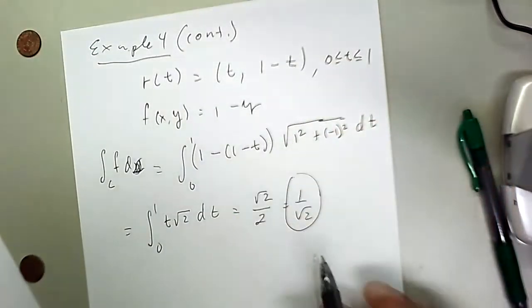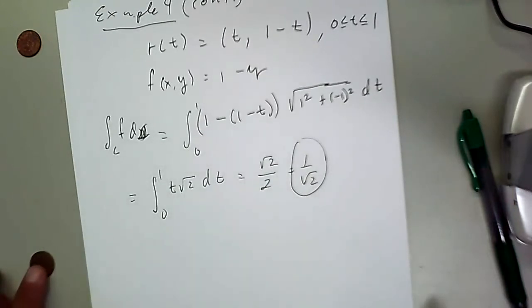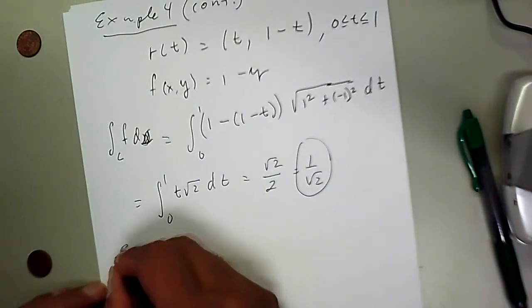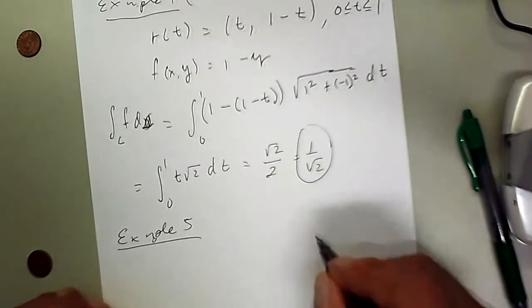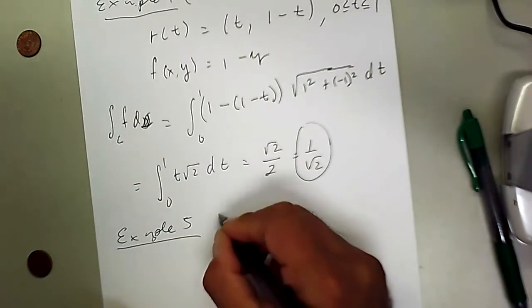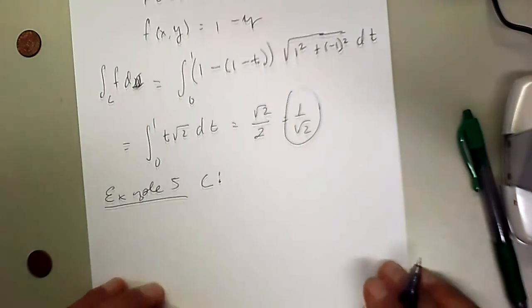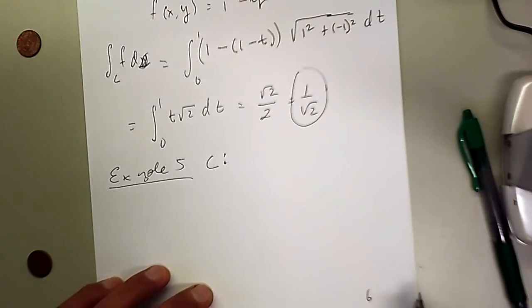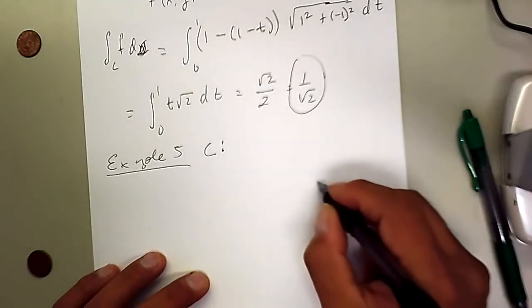Example 5, a very useful example. So the path in example 5 is going to be made up of 2 parts. I'm going to describe it to you.